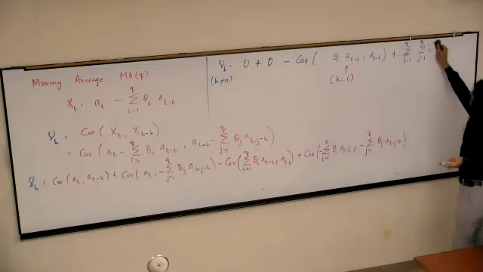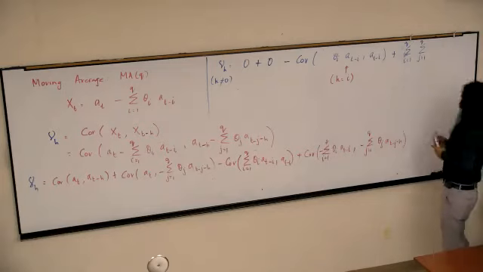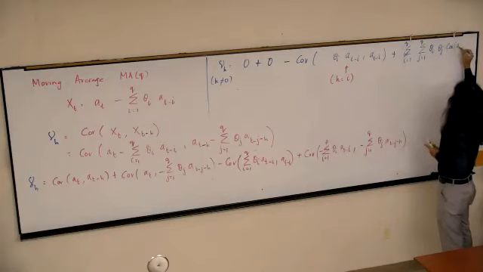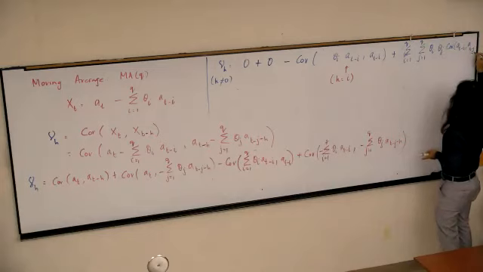We can pull the coefficients out as well. So theta i, theta j, covariance of a sub t minus i, a sub t minus j minus h.